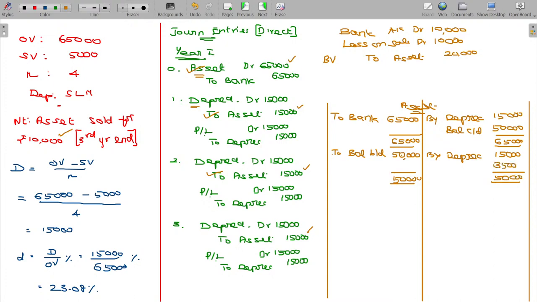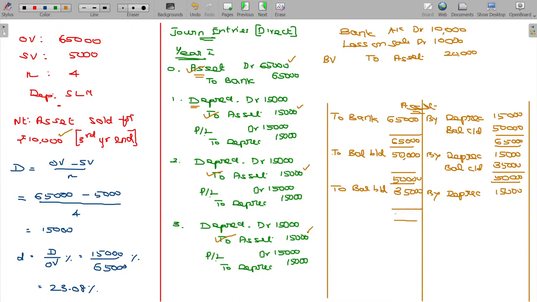Balance carried on. And then the third year, again to balance brought on, the value being 35,000. In the third year also it is depreciated. So by depreciation for the third year, the value being 15,000.